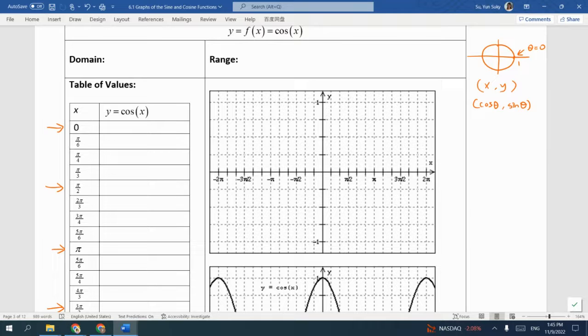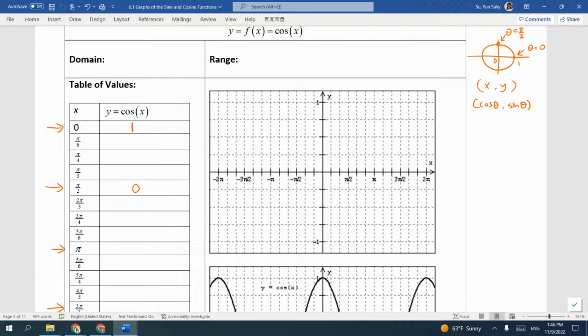1. Okay, so cosine 0 is 1. What's the cosine of pi over 2? So when theta equals pi over 2, at that point, what's the x coordinate? 0. Yes, everybody? That point, the x coordinate is 0.